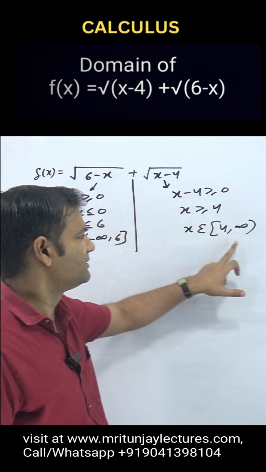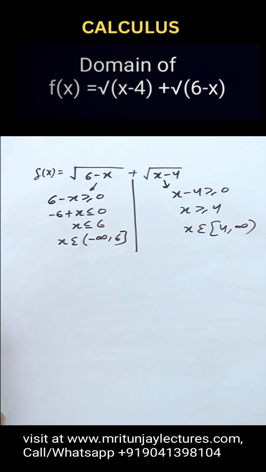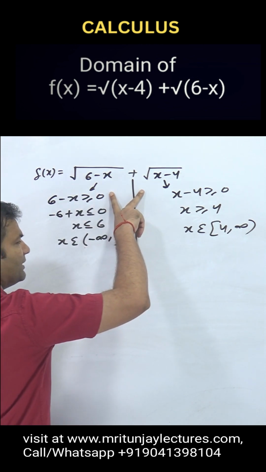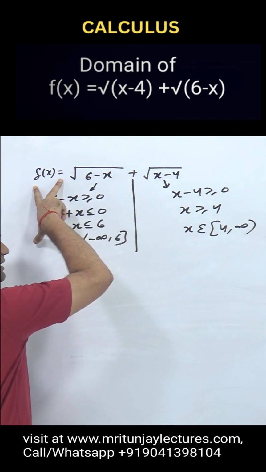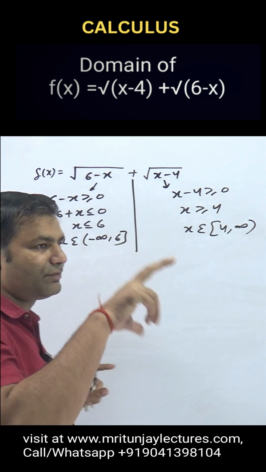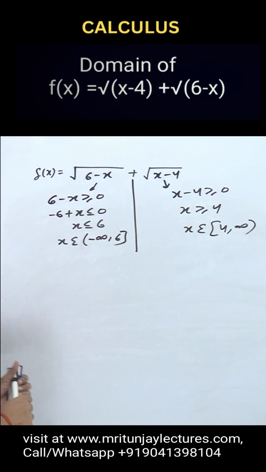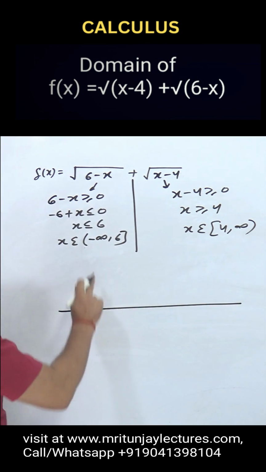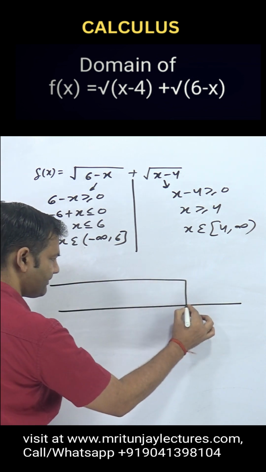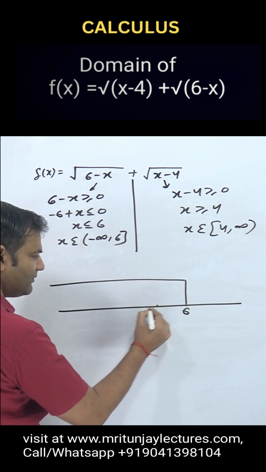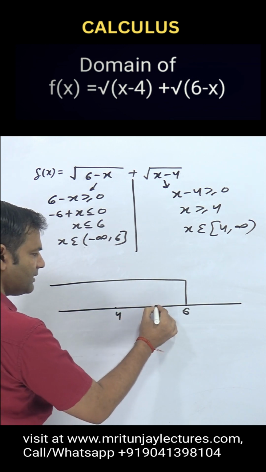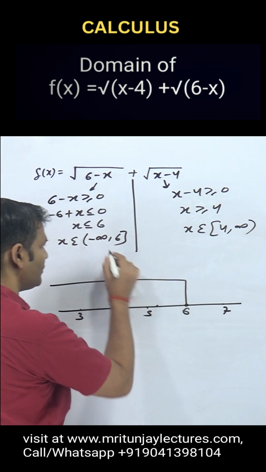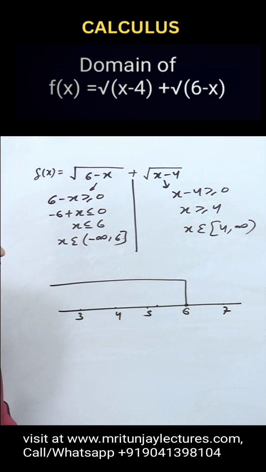Clear or not? And similarly, our motto is to determine the domain of f of x. So how can we check? First of all, we use the number line method. Minus infinity to 6, that is 6, here 5, 4, 3, and here 7, closed interval, that's why a dot.